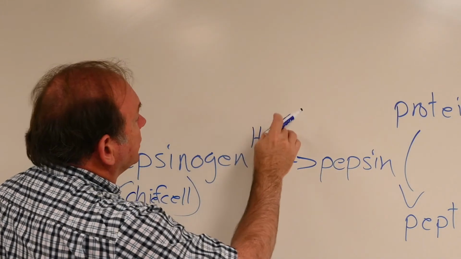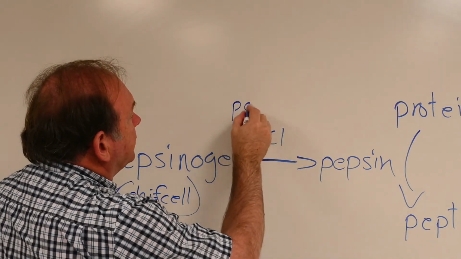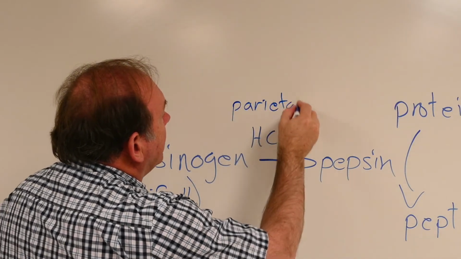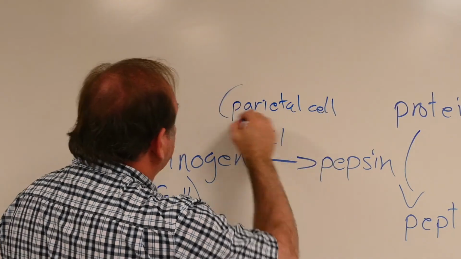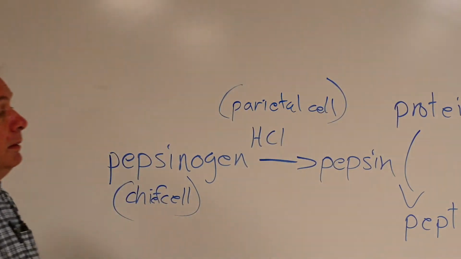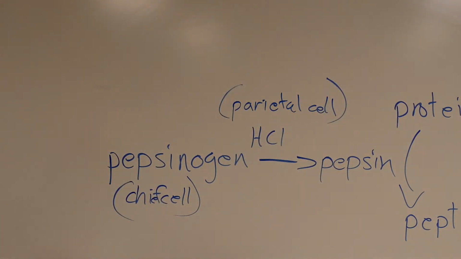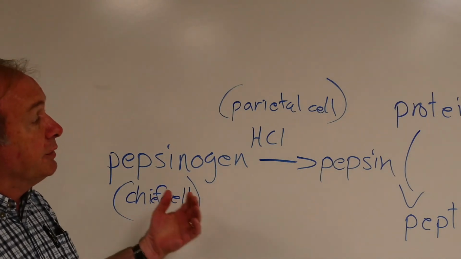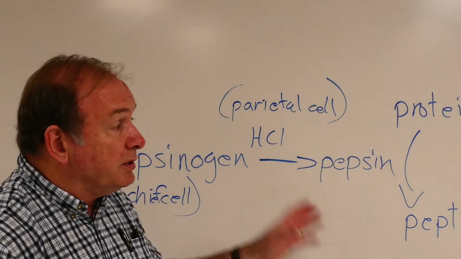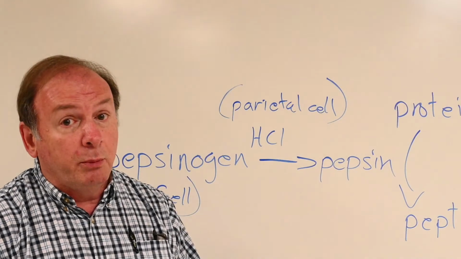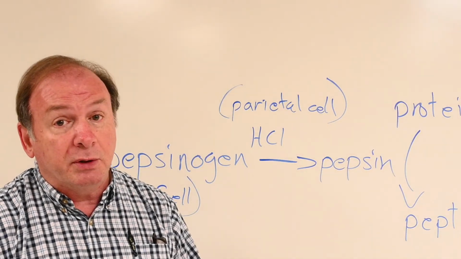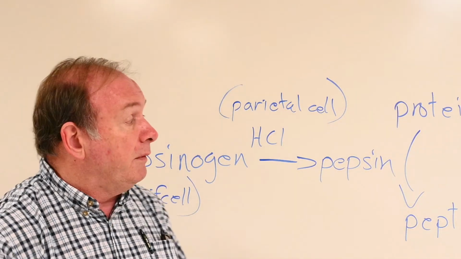Hydrochloric acid is produced by the parietal cell. So these are your primary stomach secretions, in addition to all the mucus produced by surface mucus cells and mucous neck cells of the stomach.